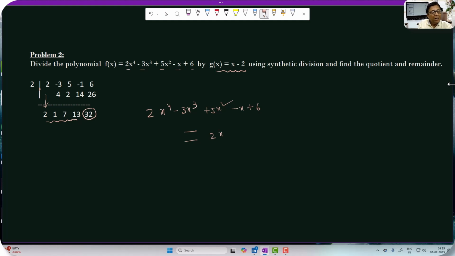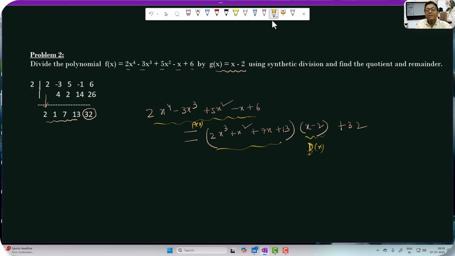And this is going to be the quotient. So when you write f(x), I mean 2x^4 minus 3x^3 plus 5x^2, this is going to be equal to 2x^3 plus x^2 plus 7x plus 13, and this you have divided by x minus 2, and the remainder is 32 over there.